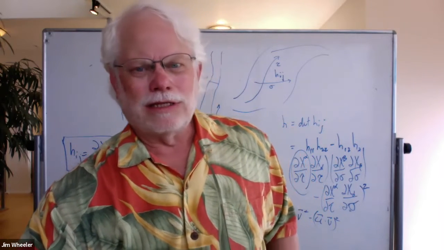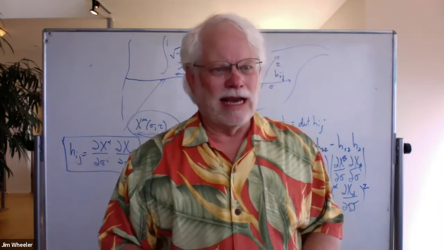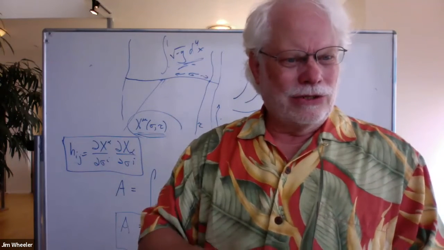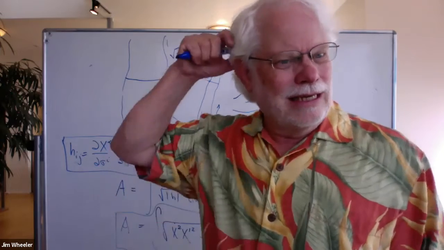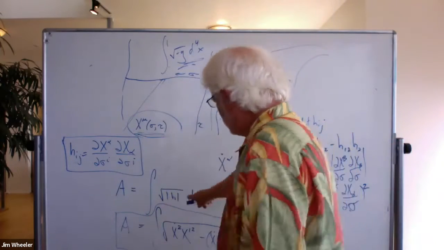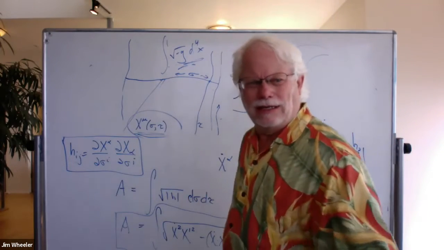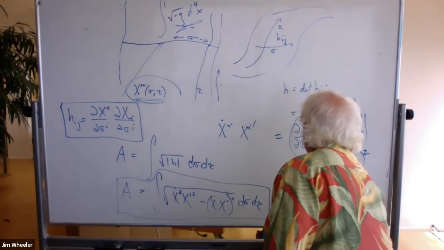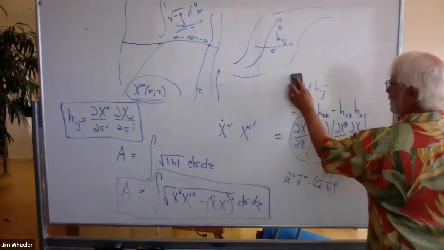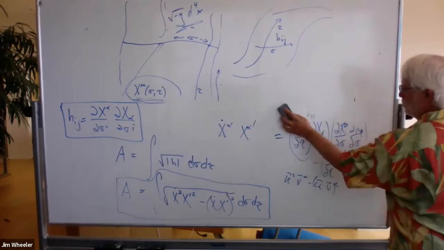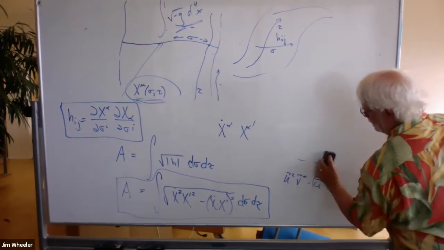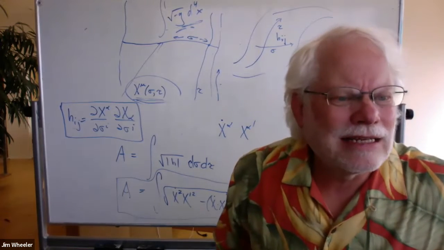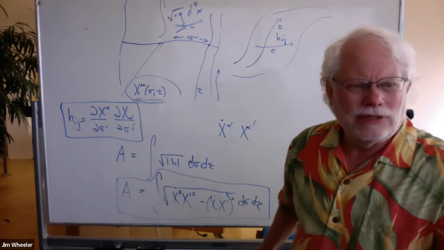Now, it turns out that there's a simpler form of the action we can use. If we go back to this expression in terms of h, then remembering that h is given by those partials over there, we notice that, okay, let's see now. How do I do this?